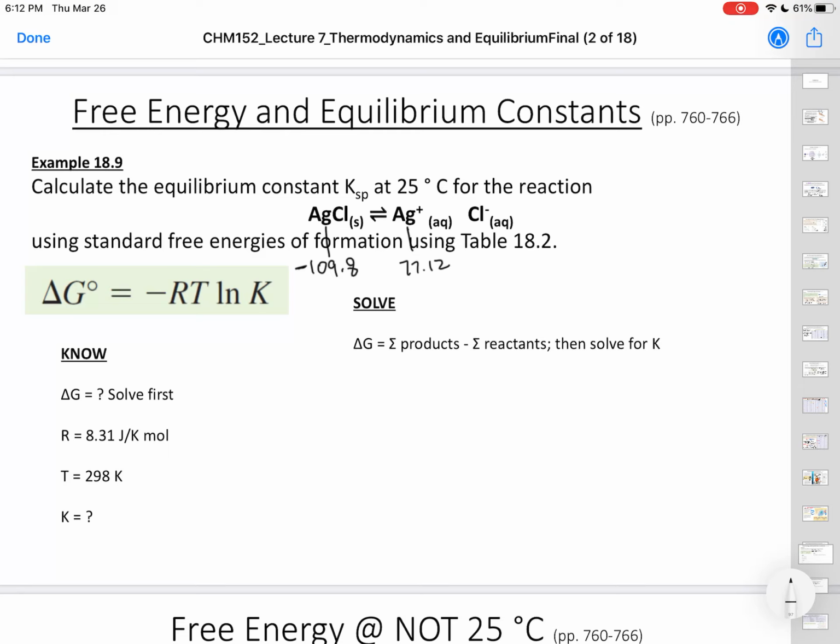Sorry, I apologize, this is minus 109.8. And your Cl minus value is minus 131.3.